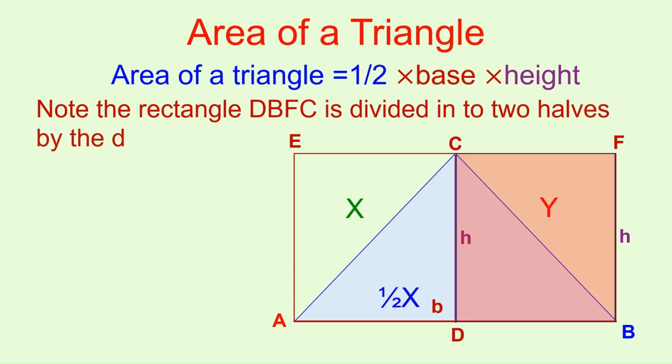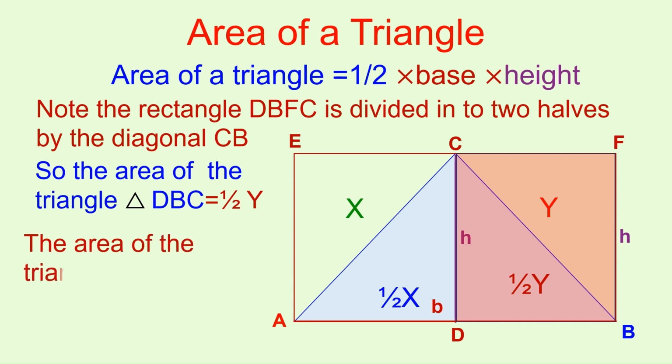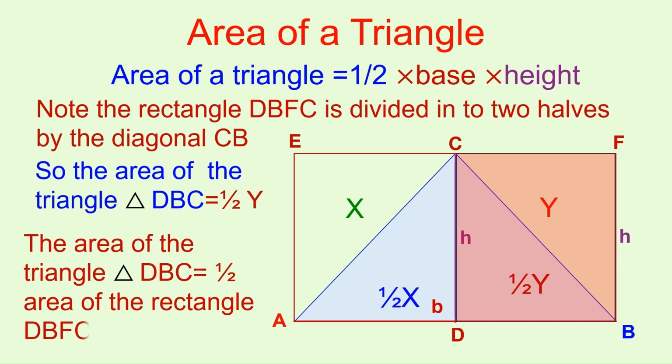Note: the rectangle DBFC is divided into two halves by its diagonal CB. So the area of the triangle DBC equals 1/2 of Y. The area of the triangle DBC equals 1/2 of the area of the rectangle DBFC.